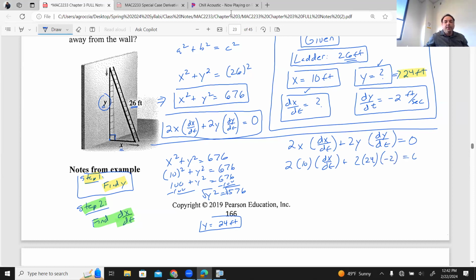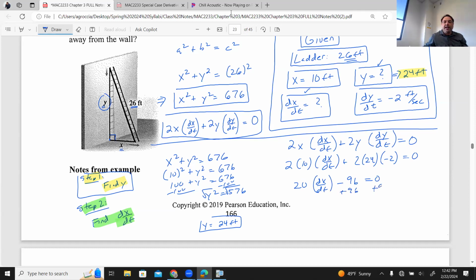Very important. Equals 0. And then when I go to simplify all this, this is going to be 2 times 10, that's 20 dx over dt, minus 96 or plus -96 equals 0.